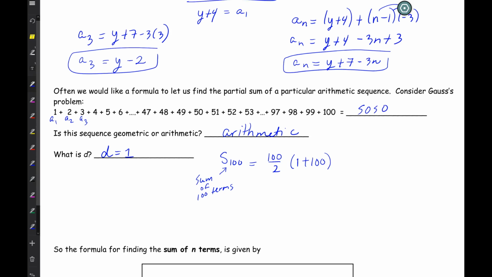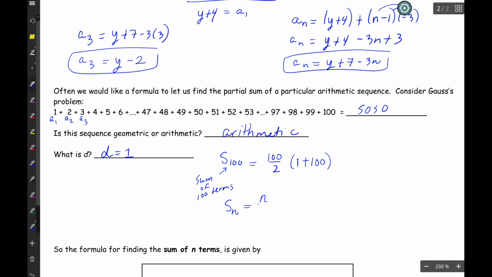Here's what it would look like. The sum of any amount of terms is equal to the number of terms. Frederick had to add 100 numbers together, so his number turned out to be 100, but it will actually work for any arithmetic sequence.